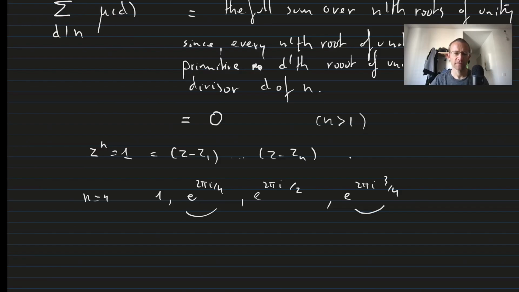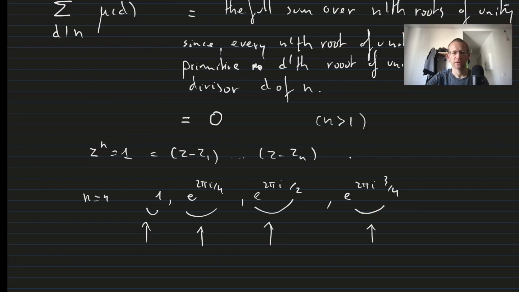But then we have the divisor 2, for which we have one primitive root of order 2, and then we have one primitive root of order 1. So this indeed corresponds to the sum over divisors of 4, where the primitive roots correspond to d equal 1, this corresponds to 2, and this corresponds to d equal 4.